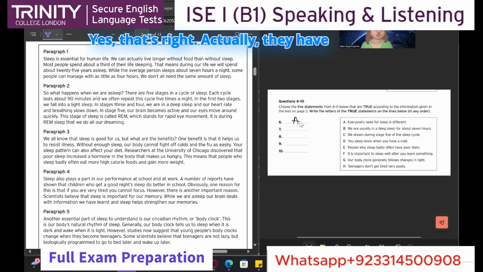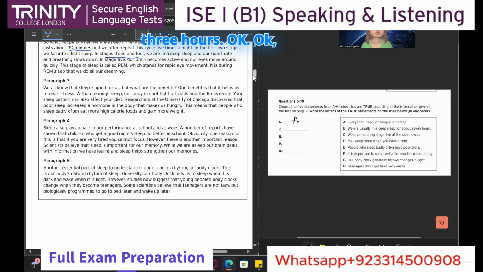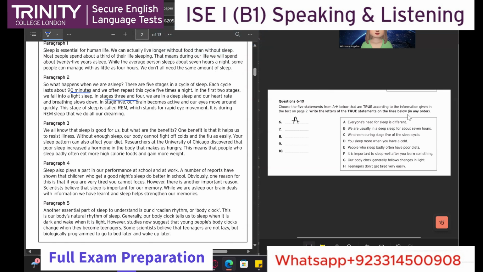Yes, that's right. Actually, they have never told us that a person sleeps in a deep sleep for 7 hours because each sleep cycle is for 90 minutes, right? And stage 3 and stage 4 are for deep sleep, and 90 plus 90 makes 3 hours. Okay, what about C?